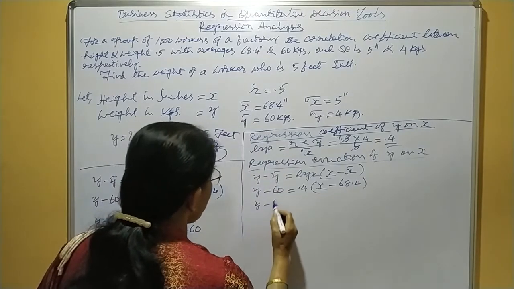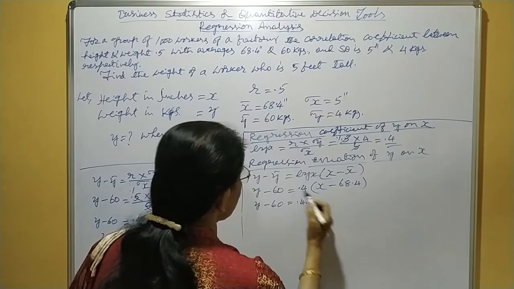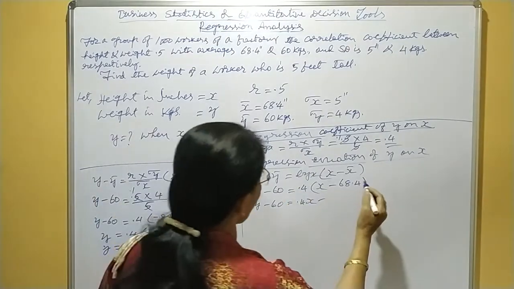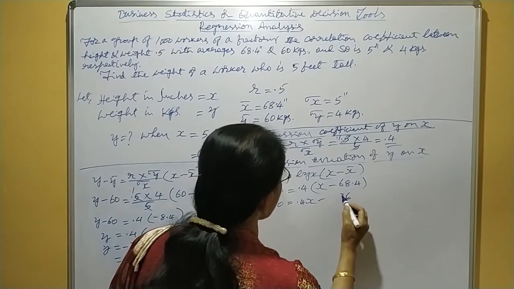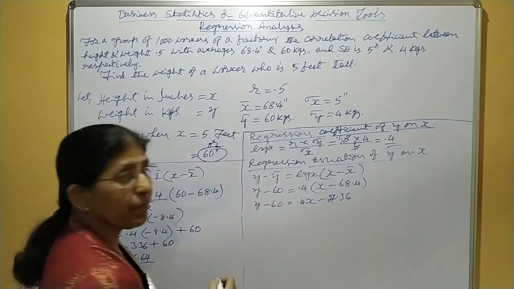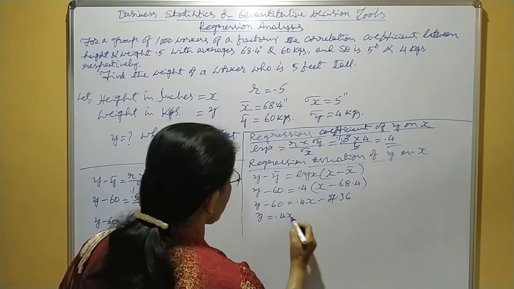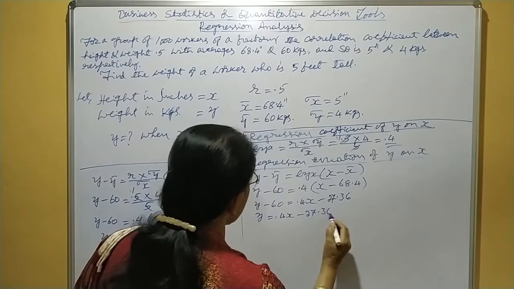Now y minus 60 equals 0.4 into x, 0.4x, this is plus, plus into minus, minus 0.4 into 68.4, it is 27.36. Now y equals 0.4x minus 27.36.